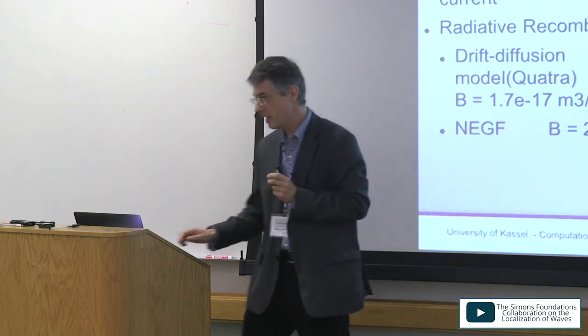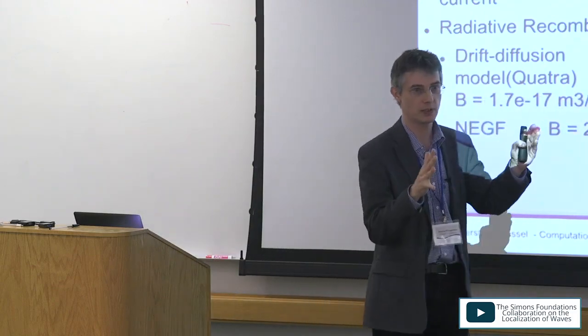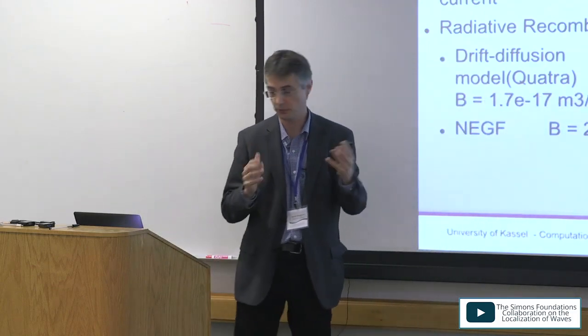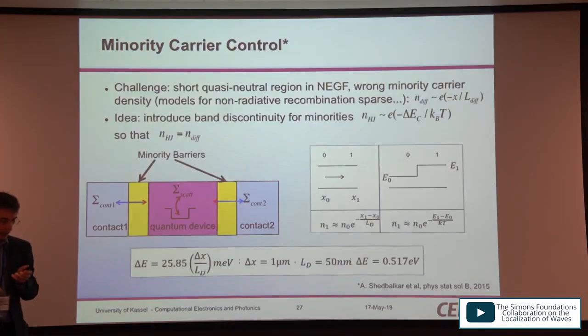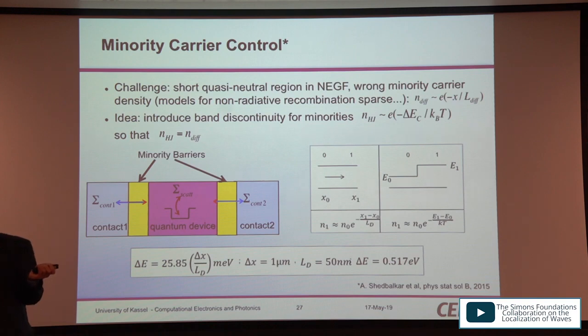I agree. So what we did is, we could not make this any longer because the simulation time is already prohibitive. So we did a trick, and this trick was that we introduced minority barriers. We just introduced an artificial heterojunction, reducing this barrier actually reduces the carrier density artificially so that the contact is decoupled from our quantum device.